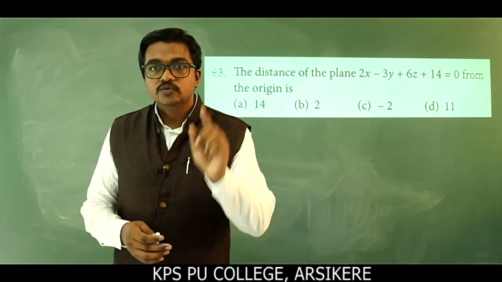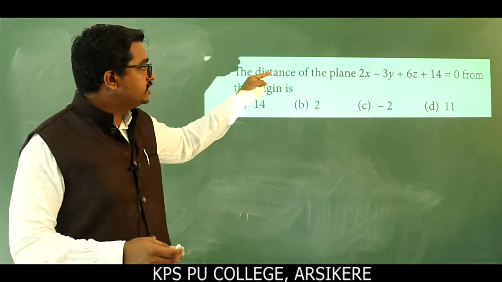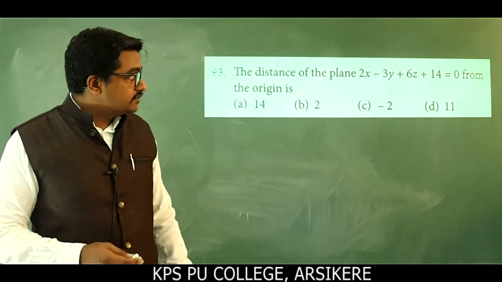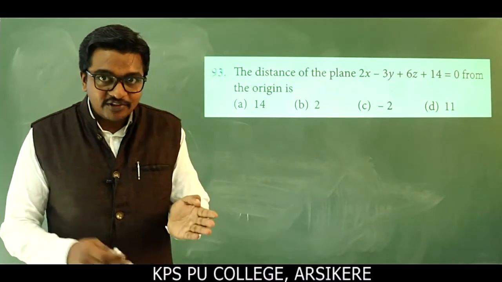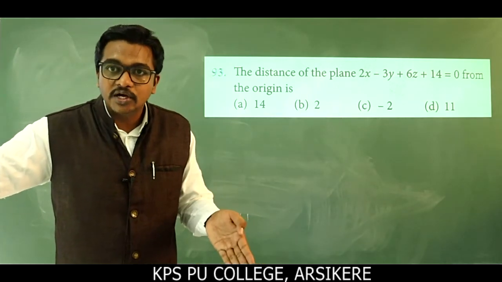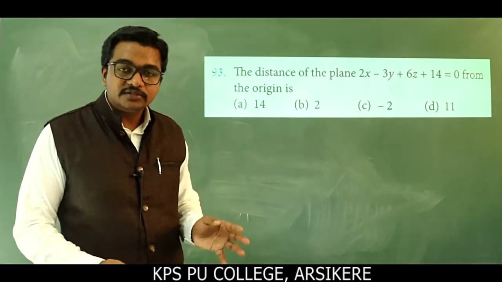First one is using the distance of the point from the plane. The distance of the plane from the origin is nothing but the distance of the point 0, 0, 0 from the plane.